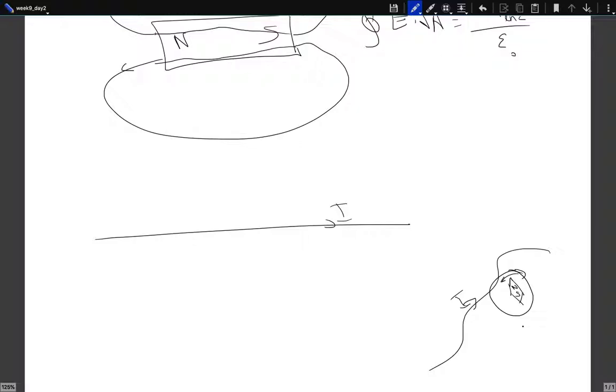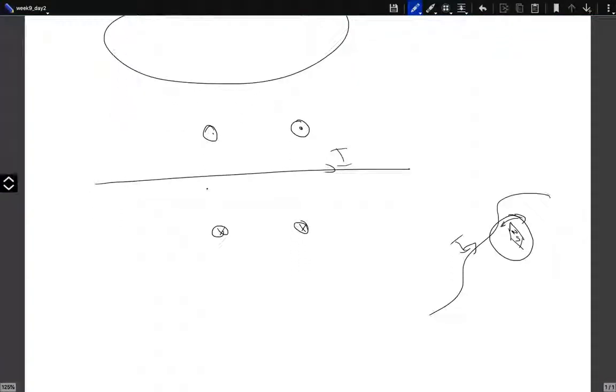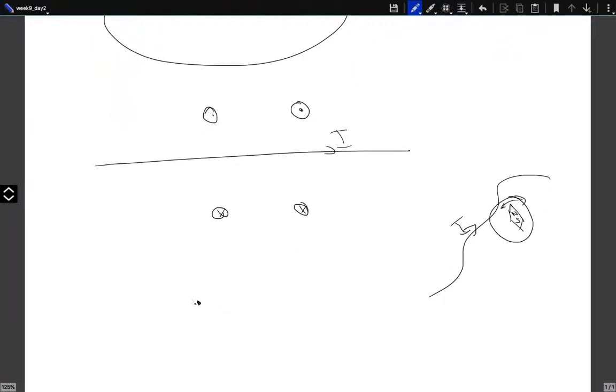So if this is the current-carrying wire, the magnetic field lines are out of the screen at the top and into the screen at the bottom. Or if the current is out of the screen, your thumb is in the direction of the current, and your fingers rotate in the direction of the magnetic field line. These are the magnetic field lines.